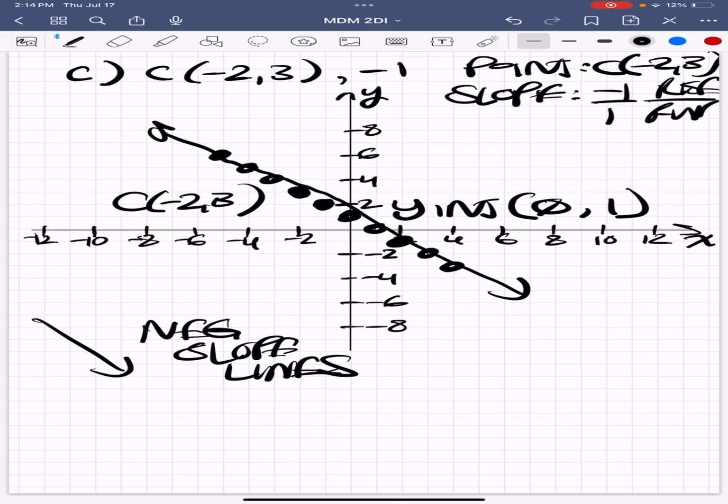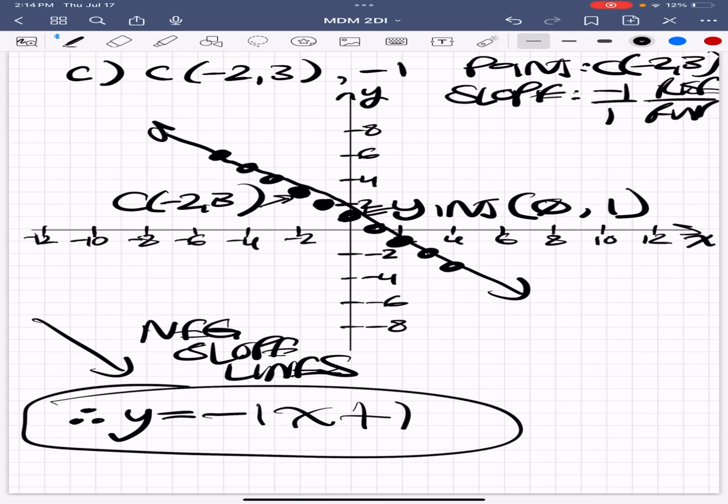So we graph the point given. We have our y-intercept. And then we have the creation of the equation, so negative 1 x, and it's plus 1.